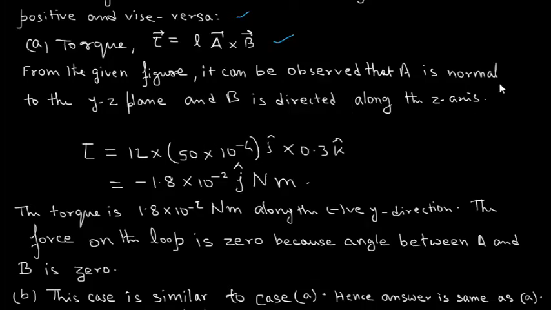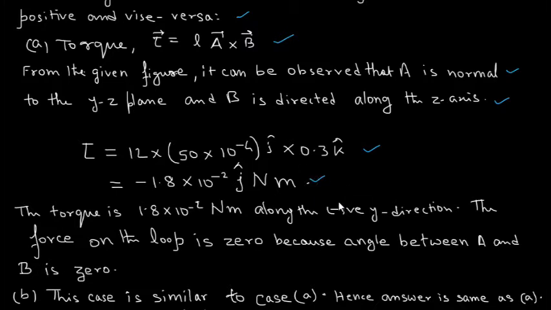From the given figure, it can be observed that A is normal to the xy plane and B is directed along the z axis. Tau is equal to 12 multiplied by 50 multiplied by 10 to the power minus 4 I plus 0.3 K. Upon solving, we get 1.8 multiplied by 10 to the power minus 2 J Newton meter.